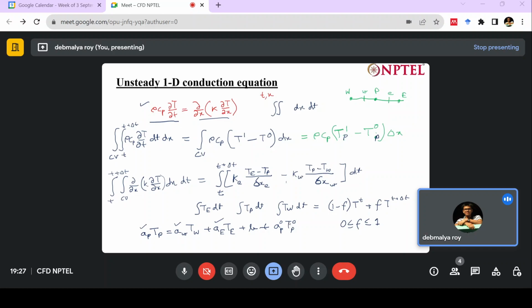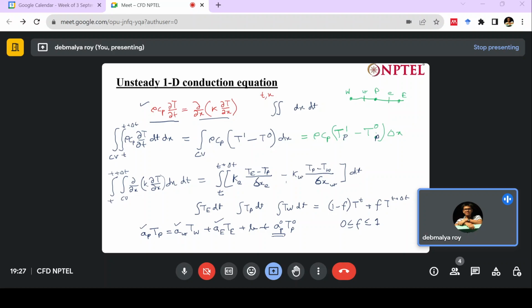So this should be positively correlated, right? It cannot be inversely correlated such that if the temperature on the previous step increases, the next temperature would decrease. That cannot happen. So AP0 will also follow the same rule we had applied for AE and AW.